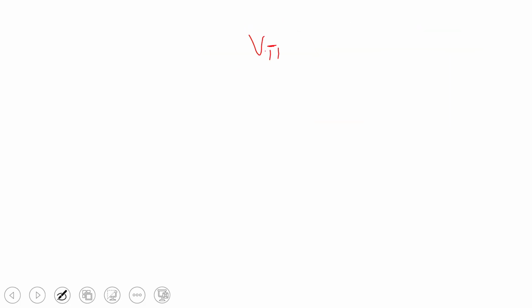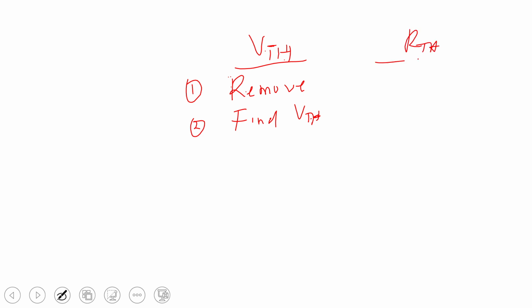So how do we find VTH according to Thevenin? If I had a voltmeter, I would have just measured. But because we are going to use our hand, number one, we are first going to remove the element. Anytime we want to find the current in anything, we'll first remove it, and after that, we will find the VTH. Now, how am I going to find the RTH?